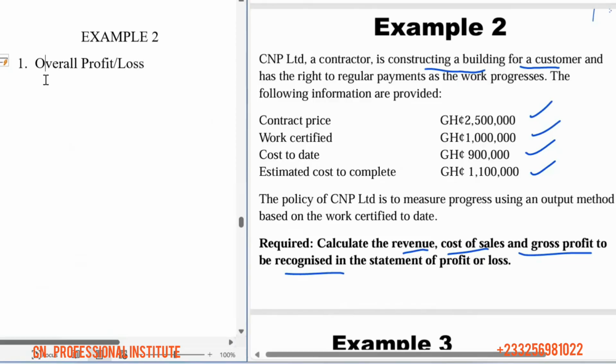So how do we get the overall profit or loss? We compare the total contract price with the total cost. So contract price, what's the contract price? 2,500,000. Then total cost.